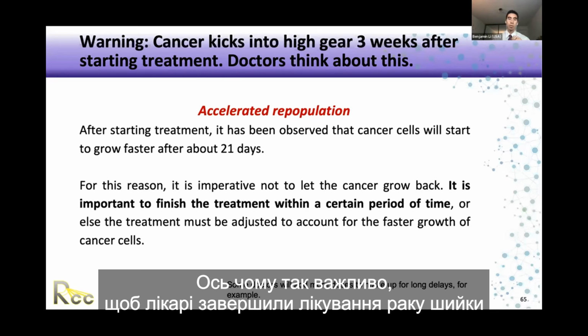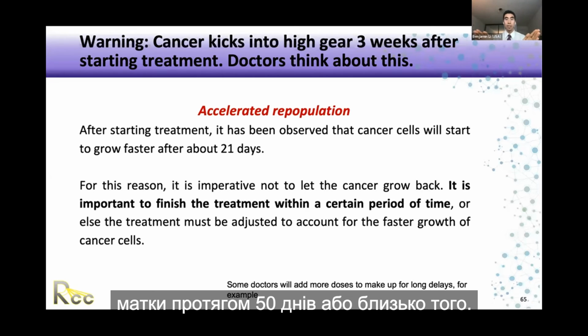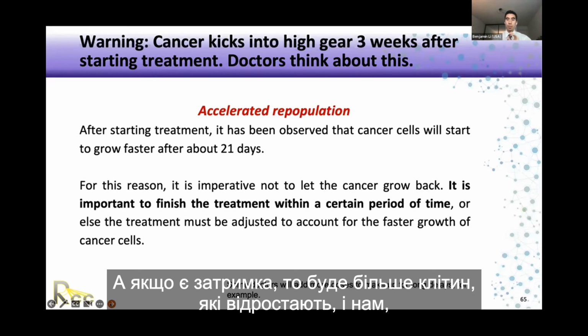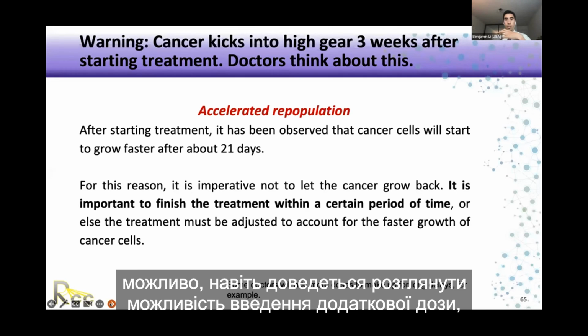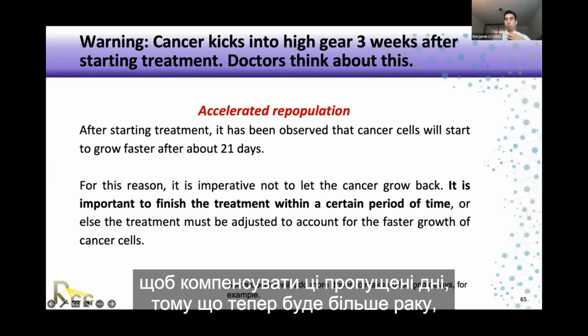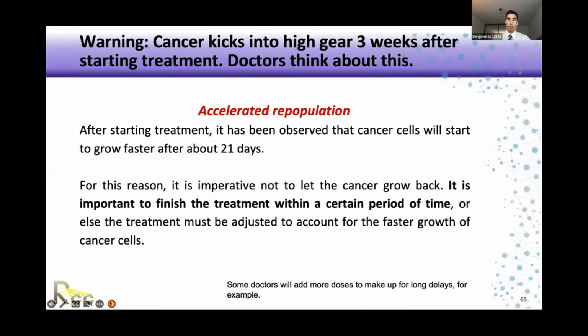This is why the doctors want to finish that treatment within 50 days or so for cervical cancer. If there's a delay, there's going to be more cells that grow back, and we may even need to consider adding extra dose to make up for the missed days, because now there's more cancer that you have to treat.